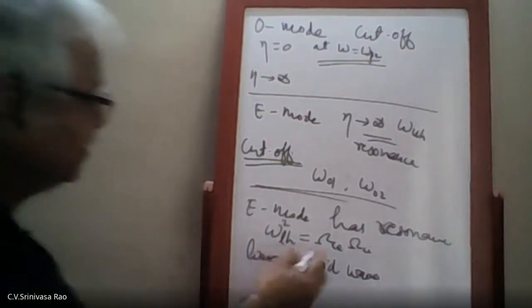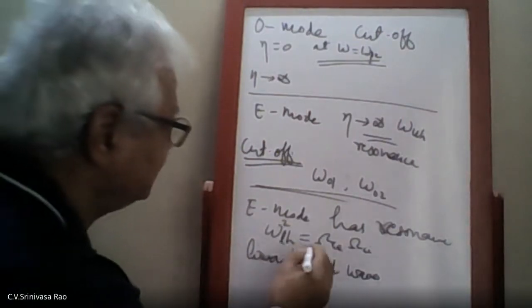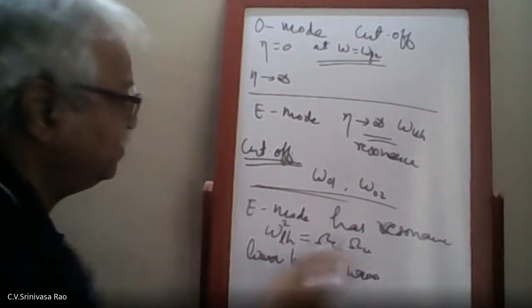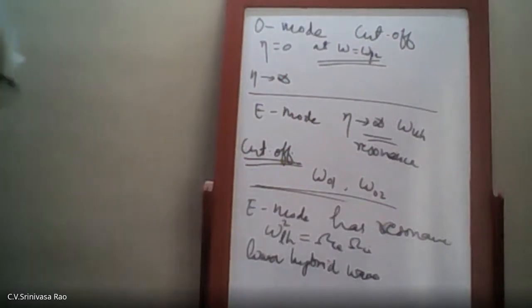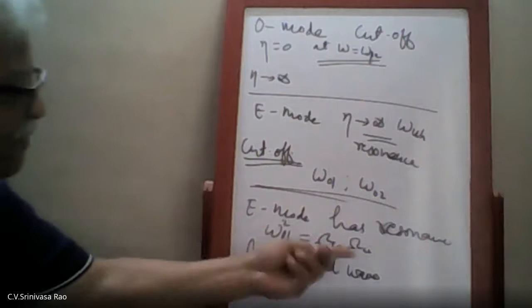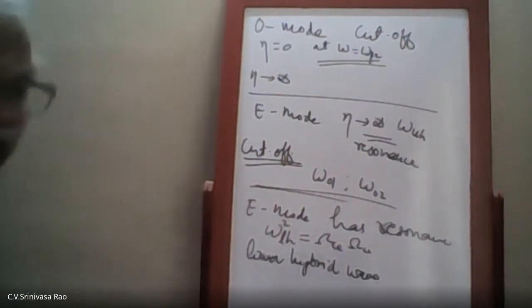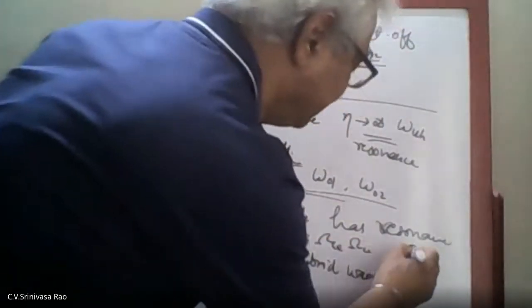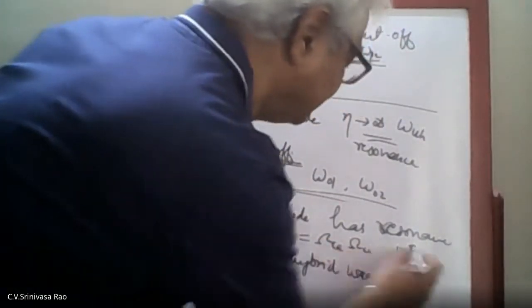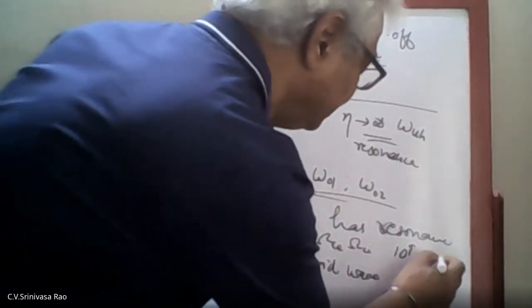And the frequency is given as omega c into omega ci. So it's basically the geometric average of the electron cyclotron frequency and the ion cyclotron frequency. See, the electron cyclotron frequency is in gigahertz, 10 to the 9, whereas this one is 10 to the 6.